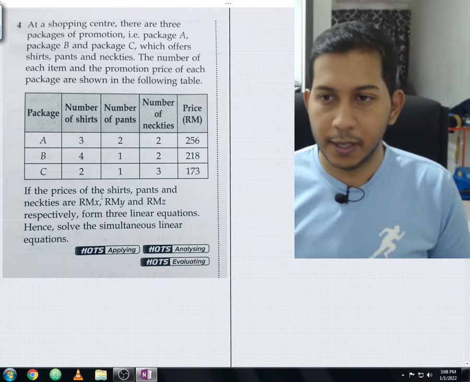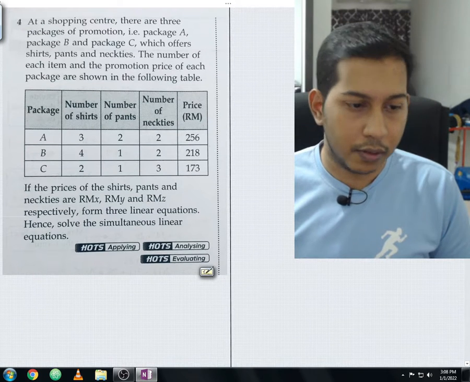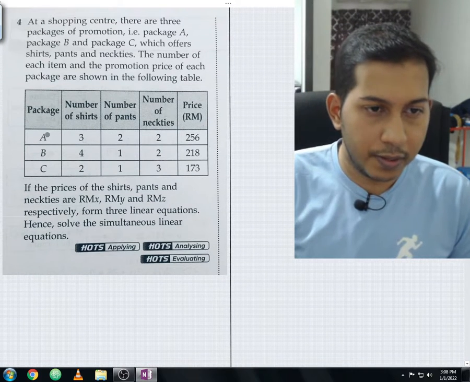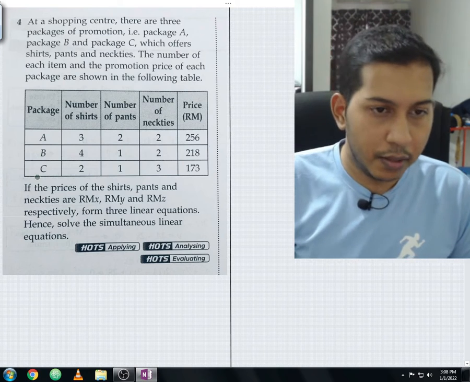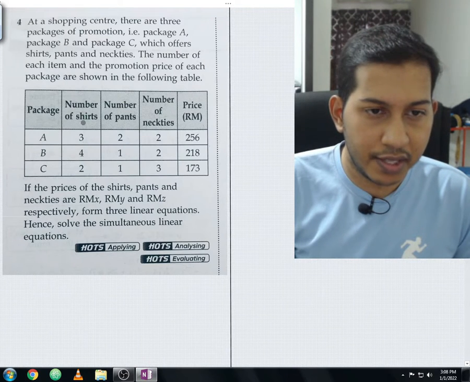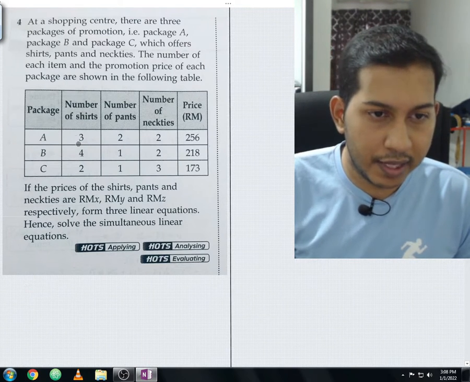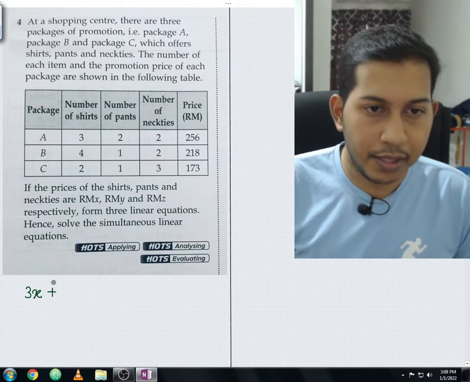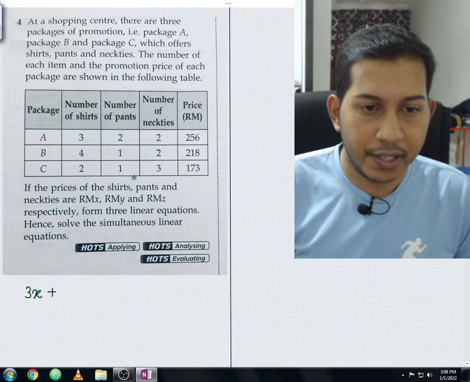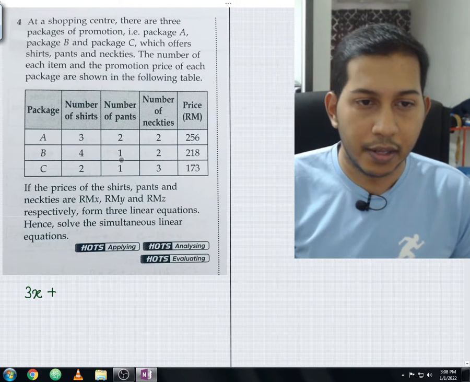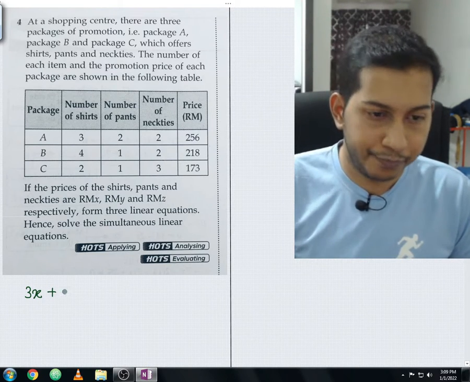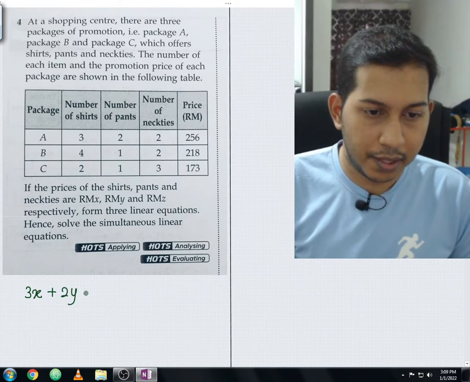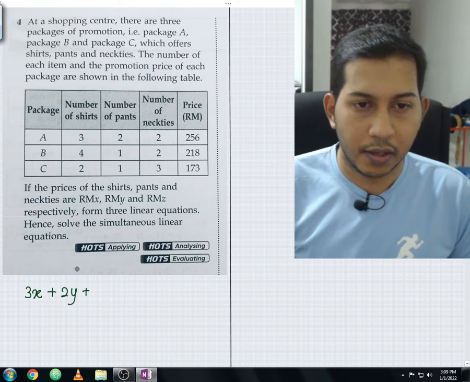Okay, so let us start to solve. Let us begin with package A now. Since shirts is X, from here 3 times X, and then you plus, he mentioned here pants is Y ringgit, so 2 times Y, and then you plus the prices of the neckties.